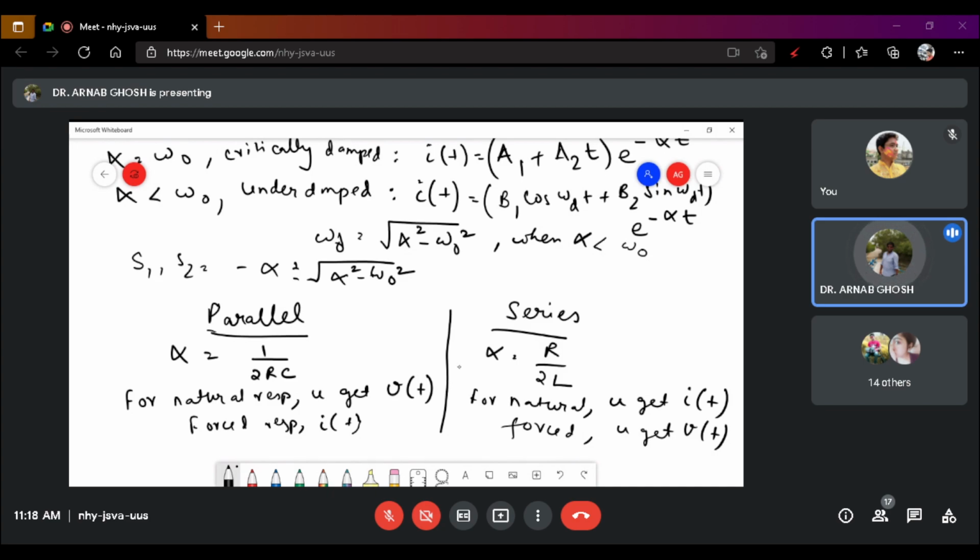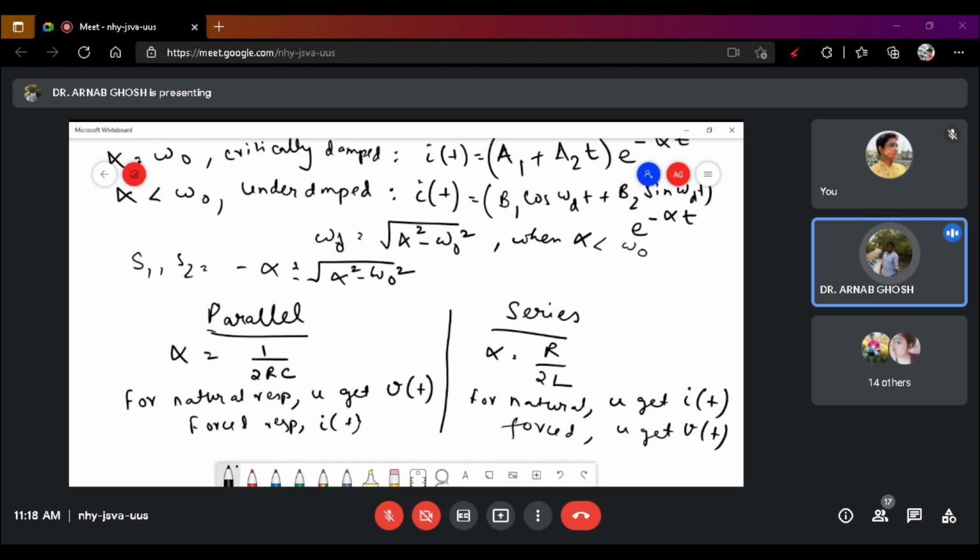Now for your labs, when you were doing the labs, you got some values for voltage, current, over damped condition, under damped condition. So say when you are doing the lab, you are given any circuit, you can calculate, or you would know if it's an over damped circuit or a critically damped circuit or an under damped circuit.